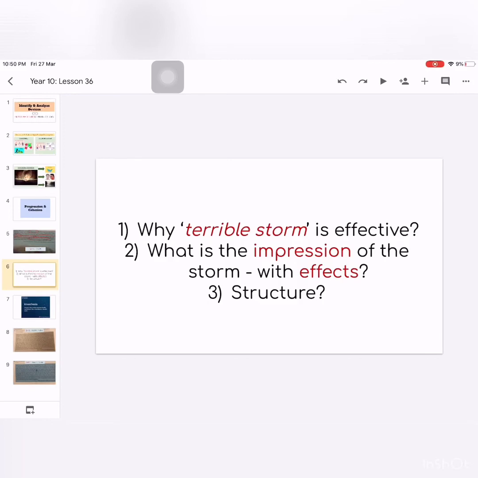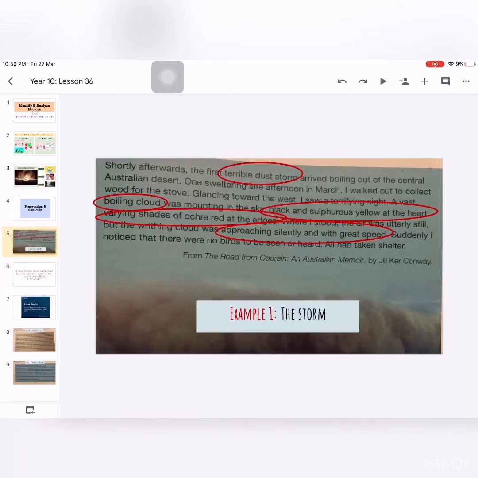I forgot to talk about the structure, but it's very chronological. And the transition from one part of the story to another part of the story is very smooth. Okay? As you can see over here, it does not start with the approach of the storm and boom, the storm just hit you at the back. No. You can see the progression from one part of the story to another.